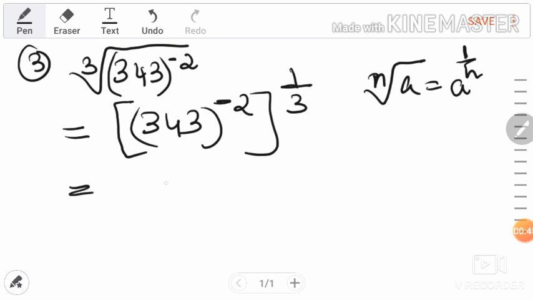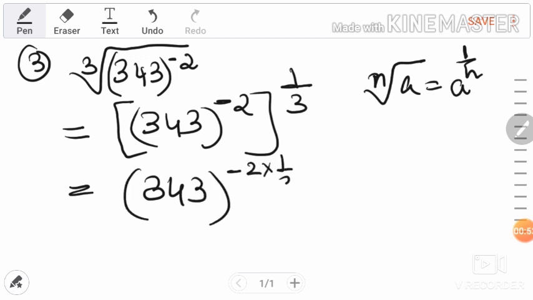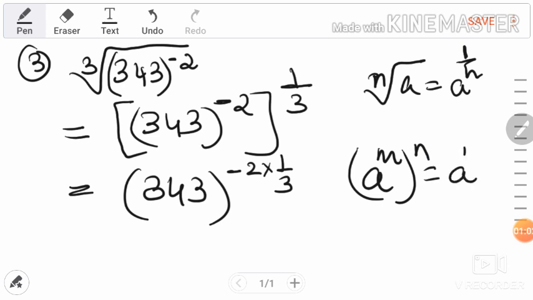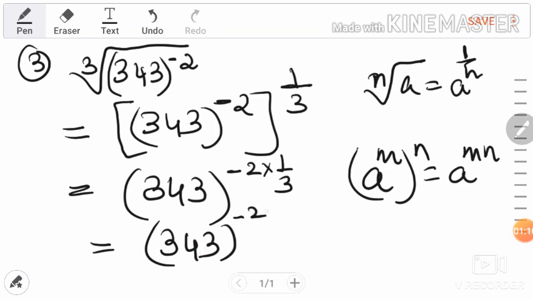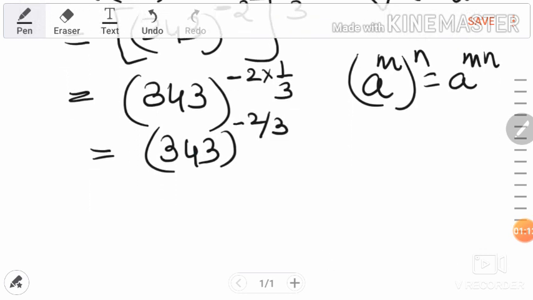So now this is 343 to the power minus 2 into 1/3. We are using (a^m)^n equal to a^(m×n). So 343 to the power minus 2/3.